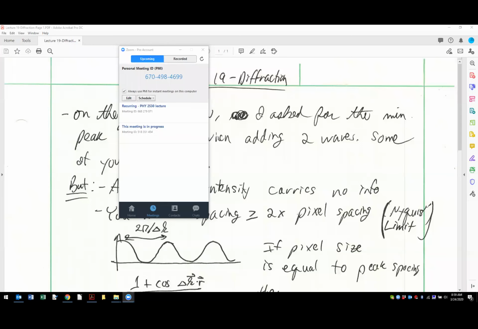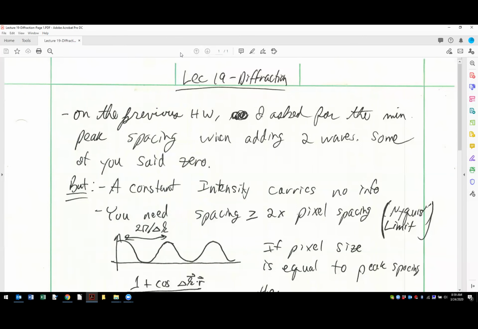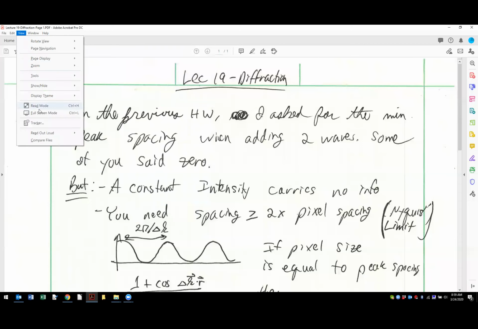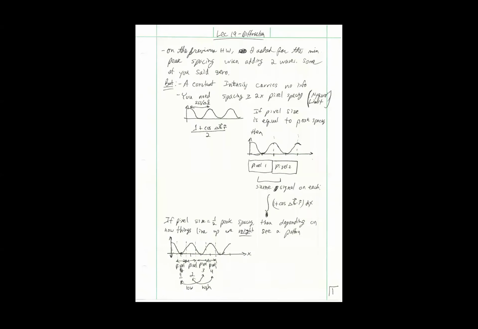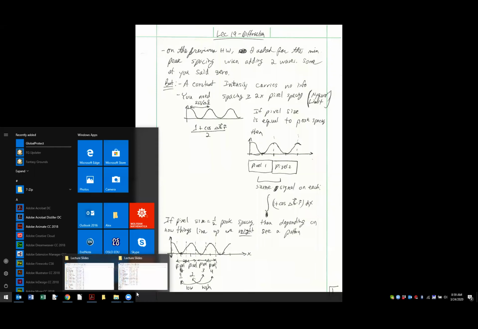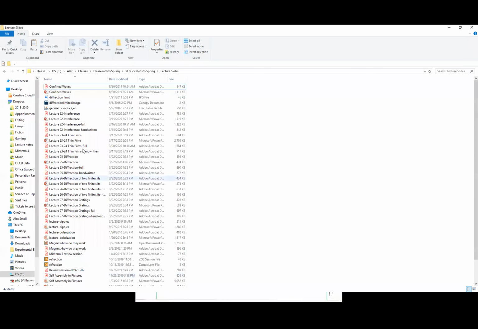Okay, let's see. Let's look at manage participants, put it there. All right, I'm going to share my screen. Minimize that. View, full screen mode, and go to there.